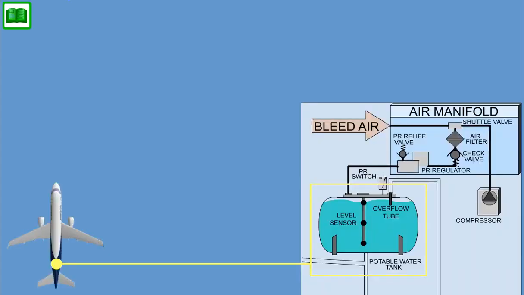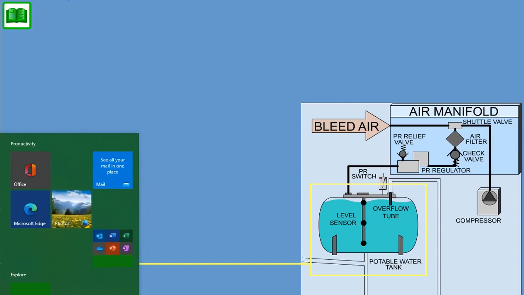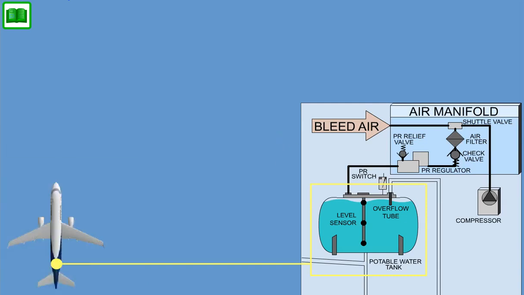The potable water storage tank is located behind the aft cargo compartment bulkhead, below the cabin floor crossbeams in the center fuselage 3. The tank is mounted horizontally with 2 band clamps. The tank is supported by a structural cradle that is attached to the aircraft structure.